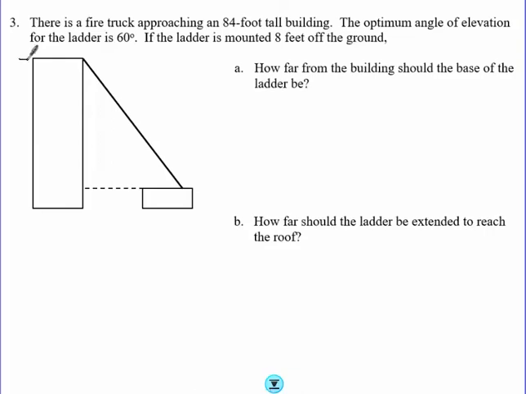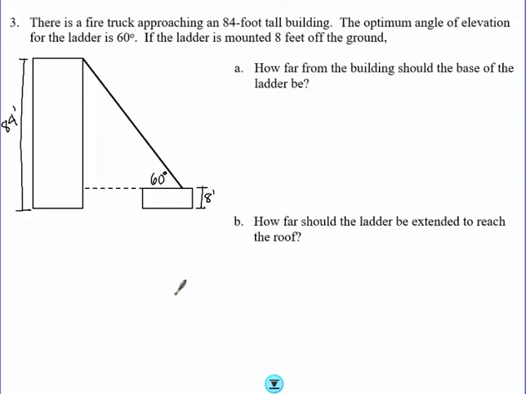We know that this building is 84 feet. We know that the optimum angle of elevation is 60 degrees. And we know that the ladder is 8 feet off the ground.